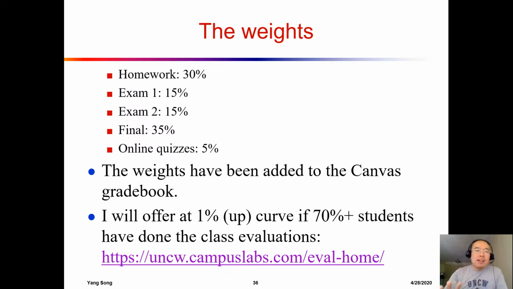So if you have a total weighted score of 89, for example, and 89 is a B plus, if you add this 1% up curve, you will be 90, and then 90 will give you an A minus. Okay, so go ahead and try to fill in the class evaluation, and I will appreciate that.